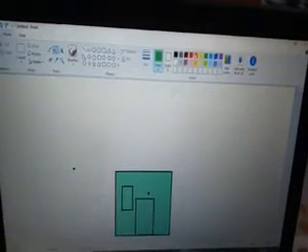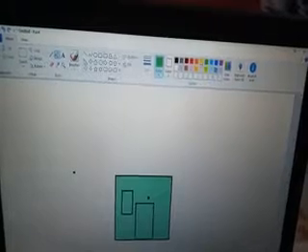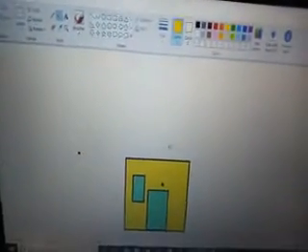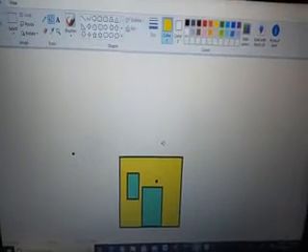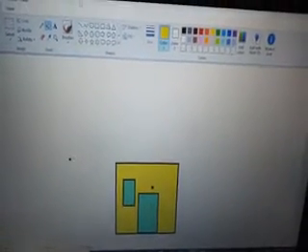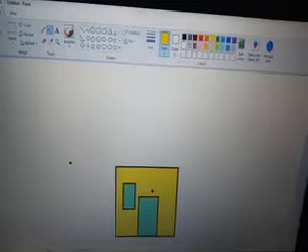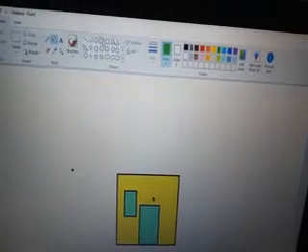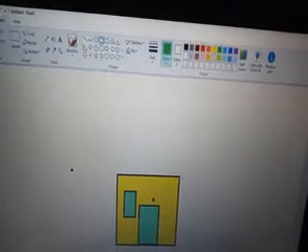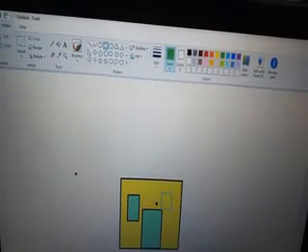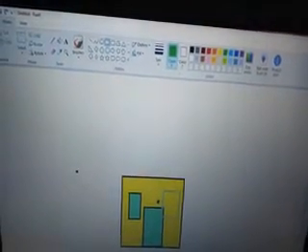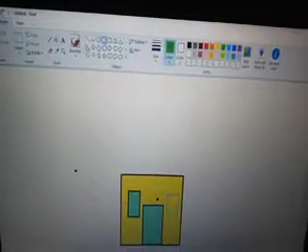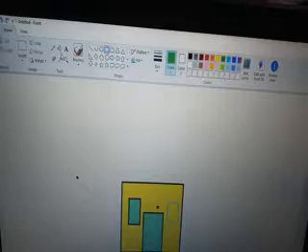And yellow color for the walls. We may have to draw the window again. No problem, we'll draw it. And let me color it.